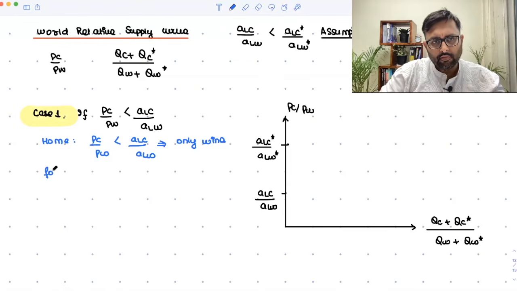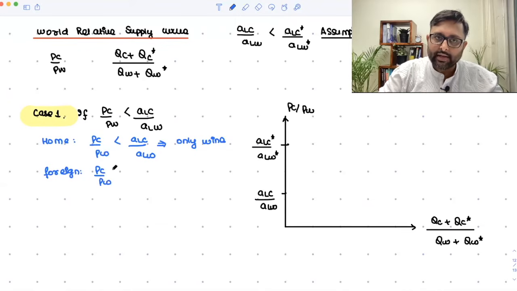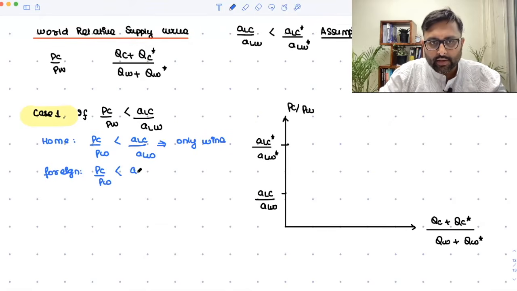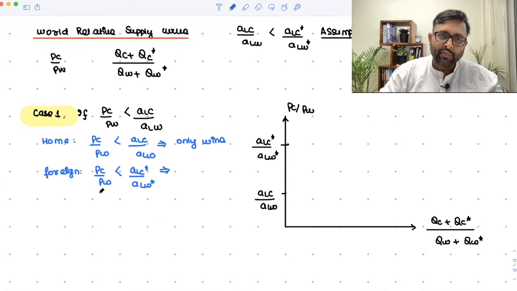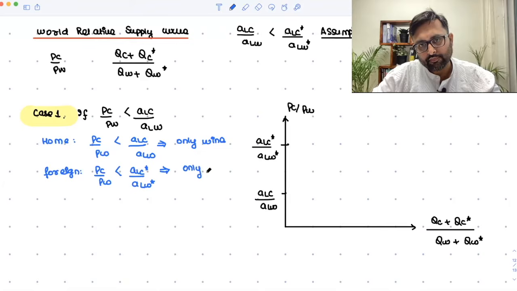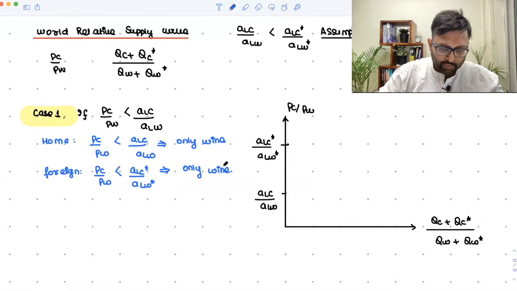Foreign, if PC by PW is less than ALC by ALW and ALC by ALW is less than ALC star by ALW star, then it has to be less than. So here also, the relative price of cheese is less than the opportunity cost of producing cheese in foreign. So foreign will also be producing only wine. So there is no cheese production here.